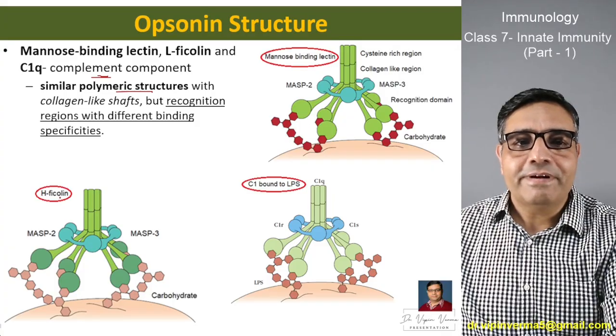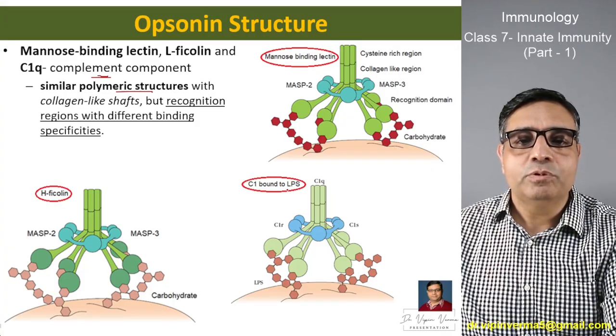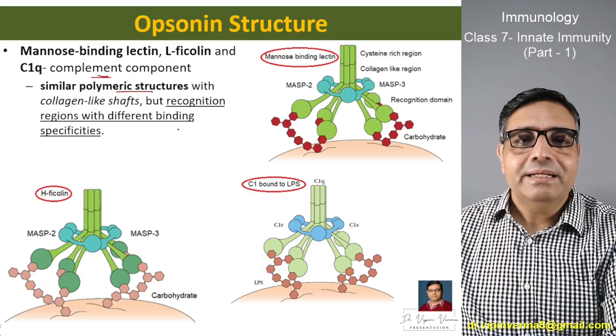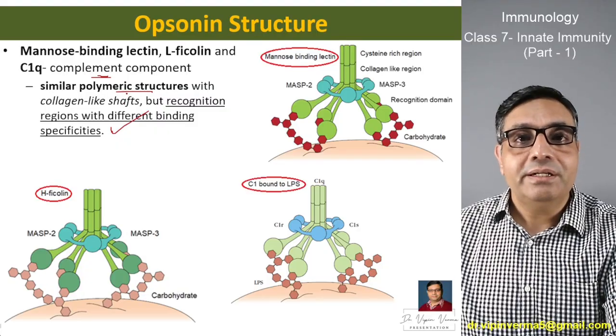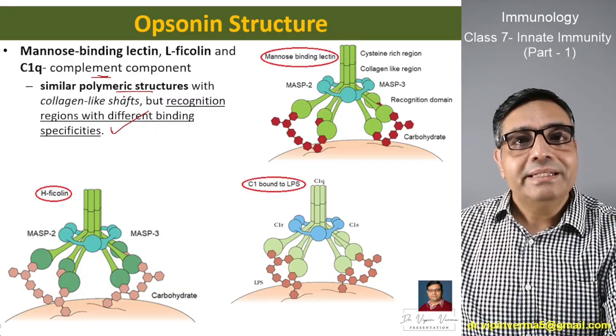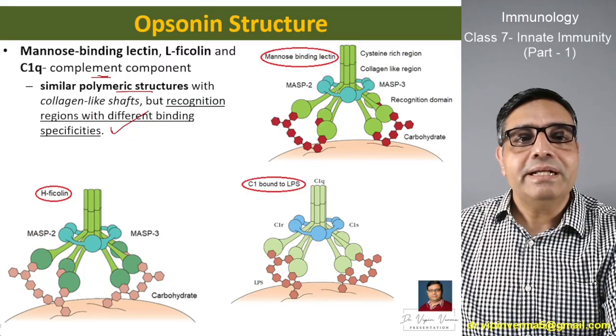This is the H-ficolin, and this is the C1 bound to LPS. But their recognition regions have different binding specificities. What you have to keep in mind is that although their polymeric structure is similar, they can bind to their own different targets.